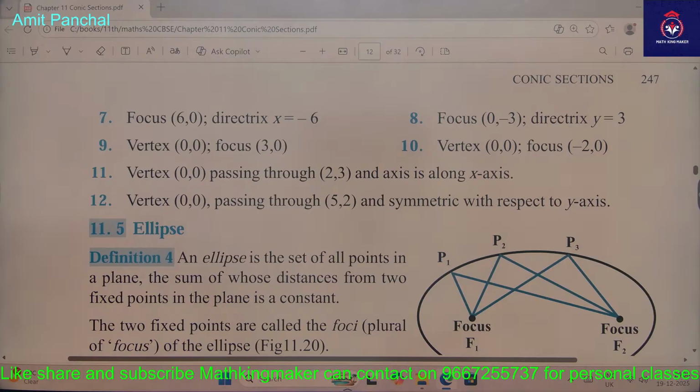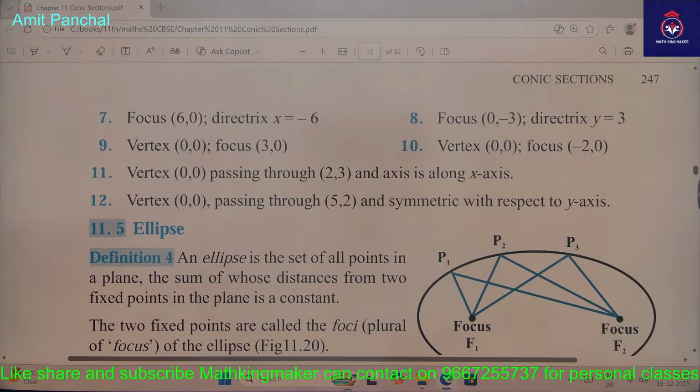Five y square equals to 4x. You're talking about 12th one? Yes, sir. Just check it once more.